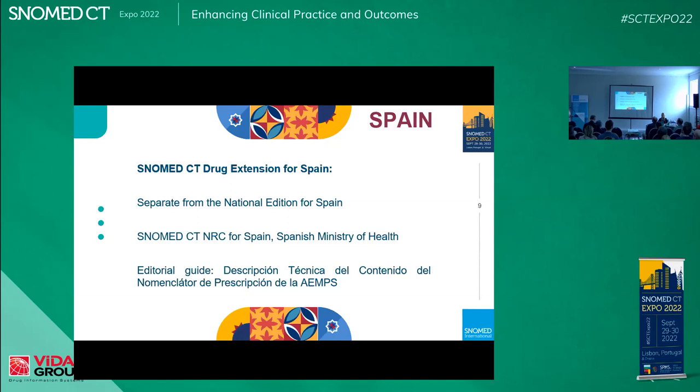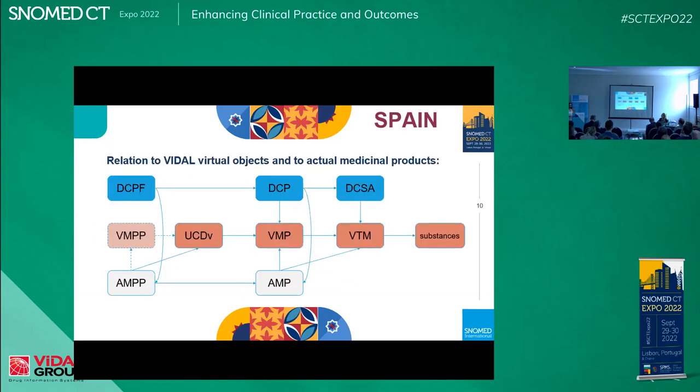As I said before, these three concepts are published in the SNOMED CT drug extension for Spain, which is separate from the edition for Spain and is published by the NRC, which is part of the Ministry of Health. And these three concepts are related to VIDAL virtual objects, as you can see in this slide. So the three virtual objects are on the top and they are in the blue boxes, and they are related to the real world product.